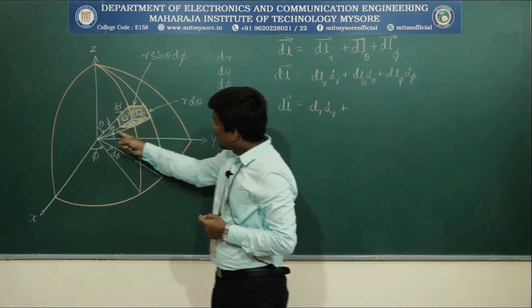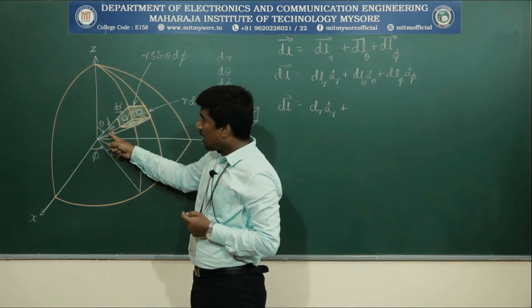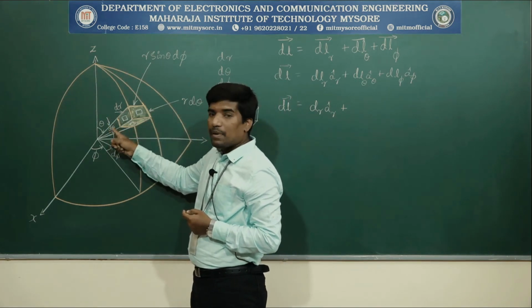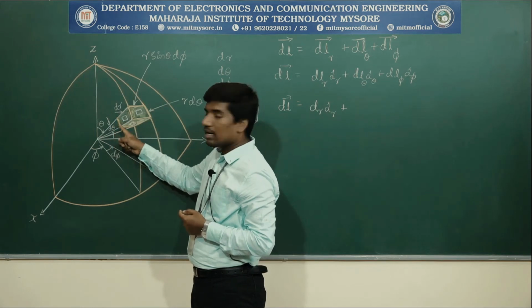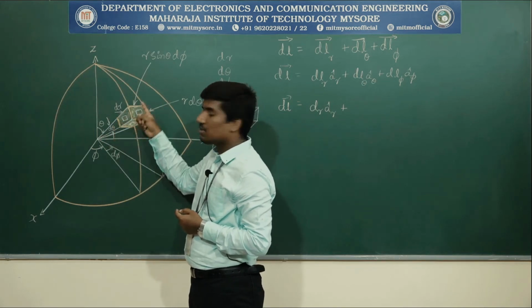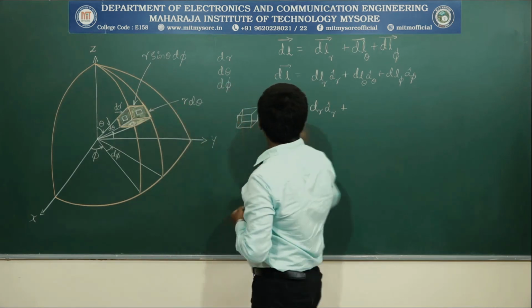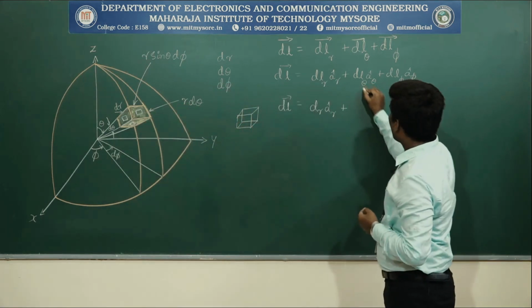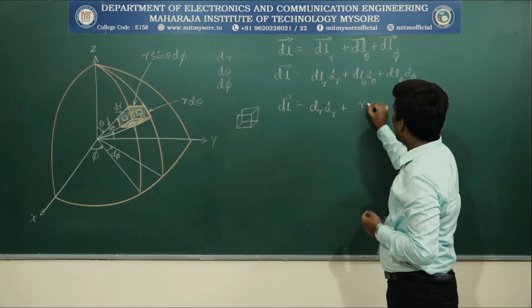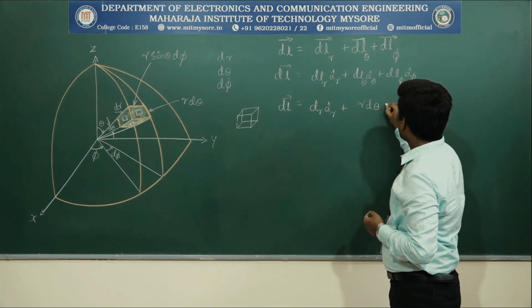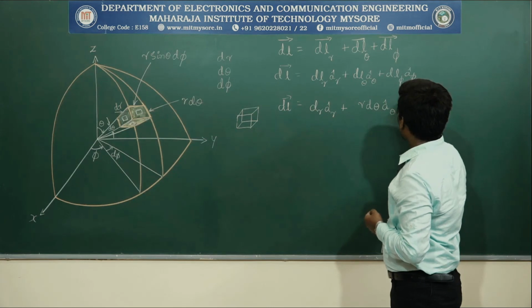Because this differential zenith angle d theta depends on r, the radial distance of this sphere. Hence it is represented as r into d theta. Therefore dl theta can be represented as r into d theta into a cap theta plus.